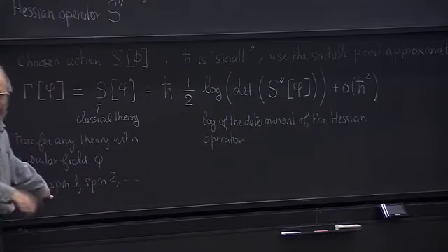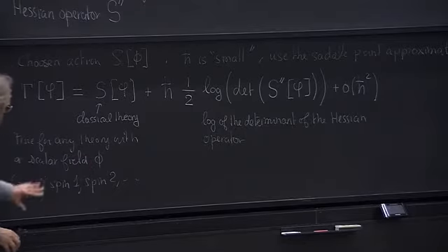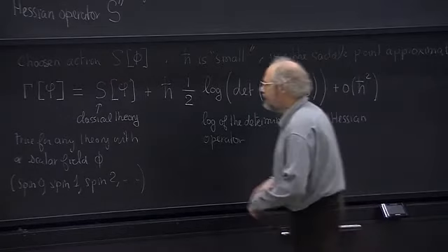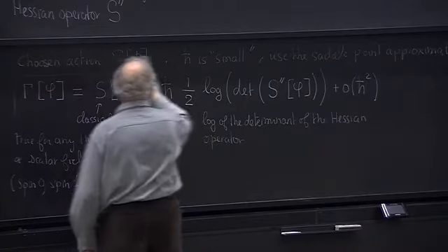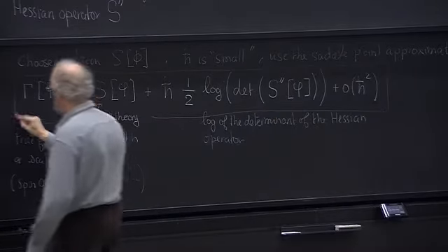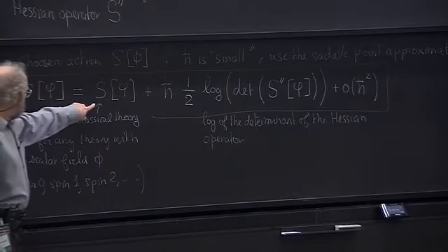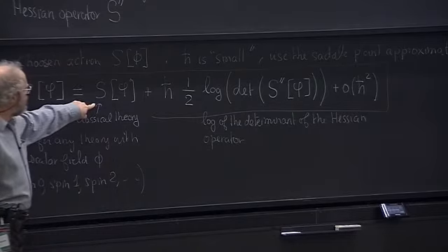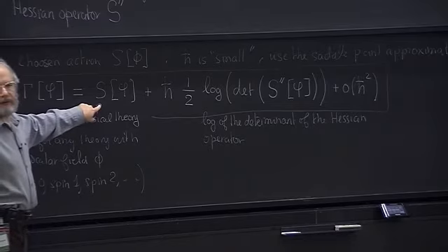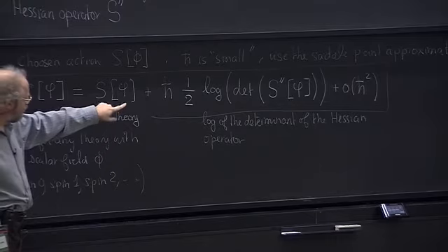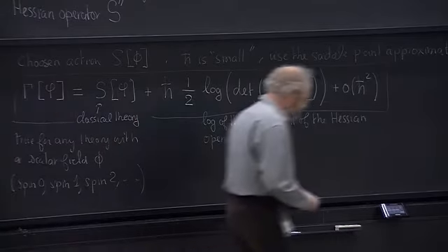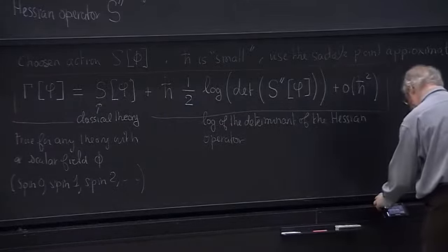You have a lot of symmetries, so the formula gets more subtle. But basically, this formula is a very compact formula that you need to keep in mind. Okay. At zeroth order in h bar, the quantum effective action is just the classical action. And the first quantum correction is the log of the determinant of this. Okay? Good.